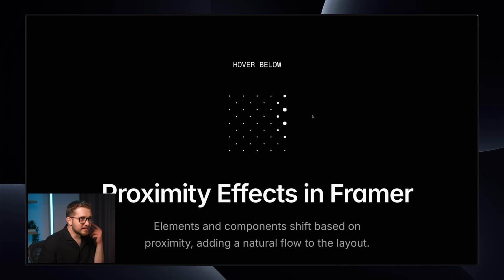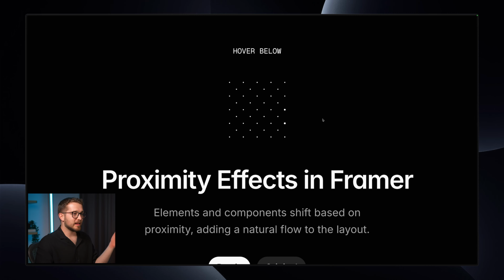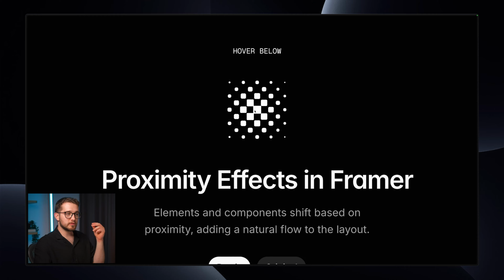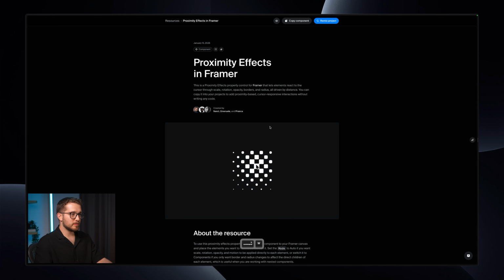This is also really nice, and it's also just one component, the proximity effects, and it makes these circles scale up and lose their corner roundness, and it creates this unique effect.